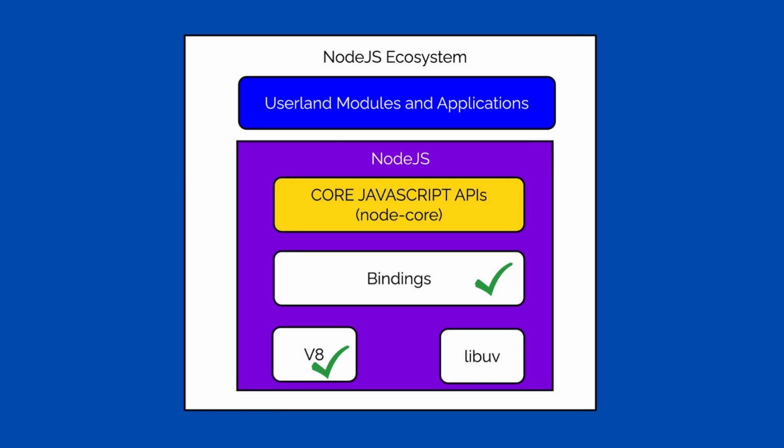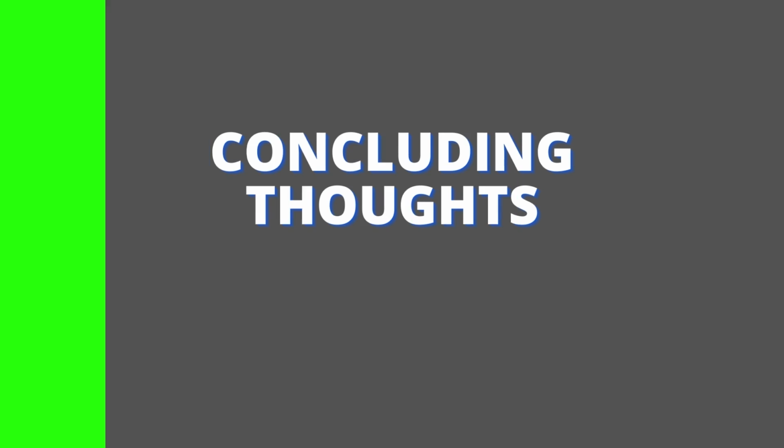There is also V8, the JavaScript engine developed by Google for the Chrome browser. Finally, we also have a core JavaScript library known as Node Core that implements the high-level Node.js API. Together, all these components form the core architecture of Node.js. On top of all this, we have the userland modules and applications that we build using Node.js.